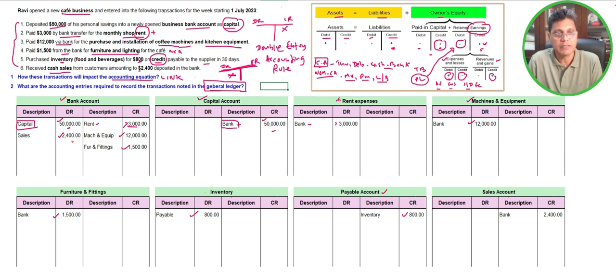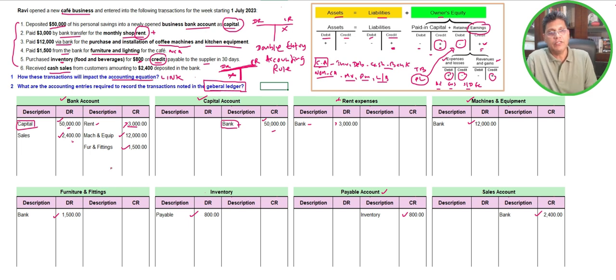This sales will result in an increase in the equity. Any increase in revenue should be credited, sales should be credited, so that will result in an increase in capital. So therefore the sales account should be credited and the bank account should be debited.